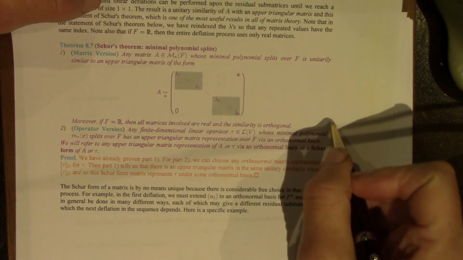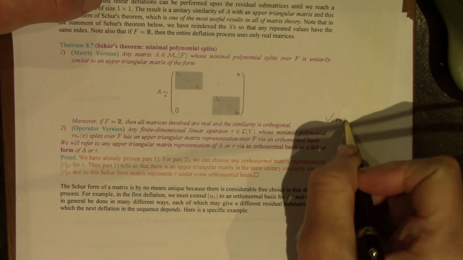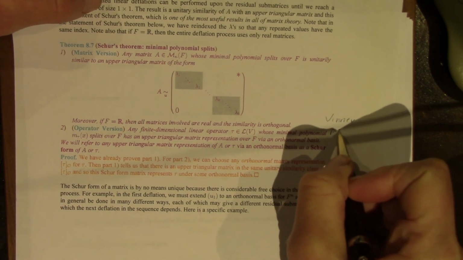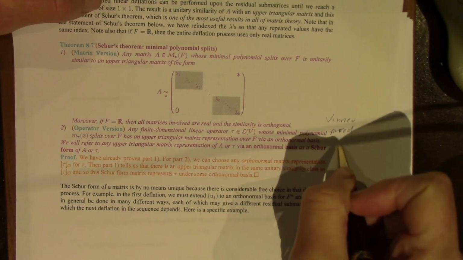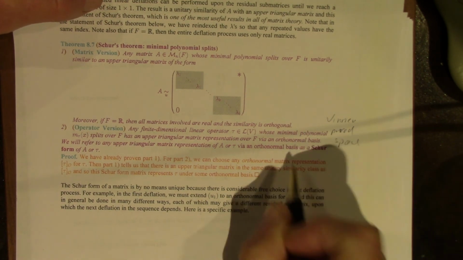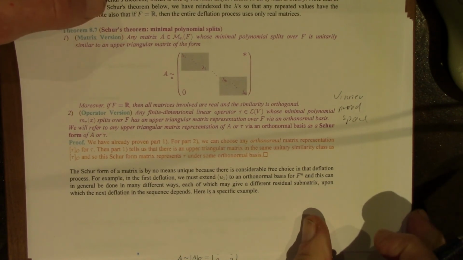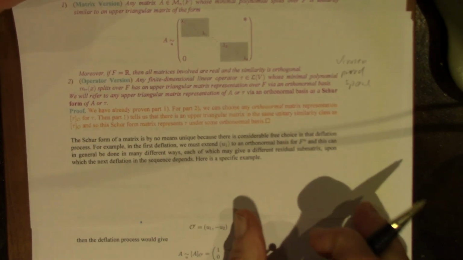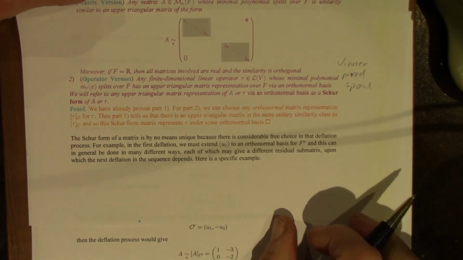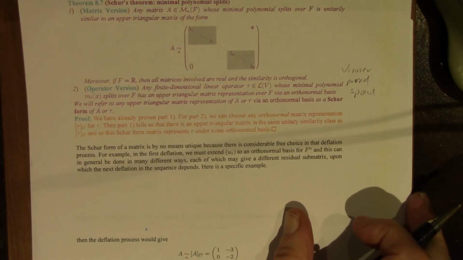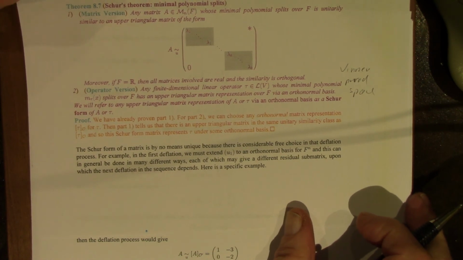I guess maybe I should have said V is an inner product space. It has to be. That's what we're discussing. You can't have an orthonormal basis unless there's an inner product. So that is Schur's theorem. Again, perhaps the single most important theorem in all of matrix theory.